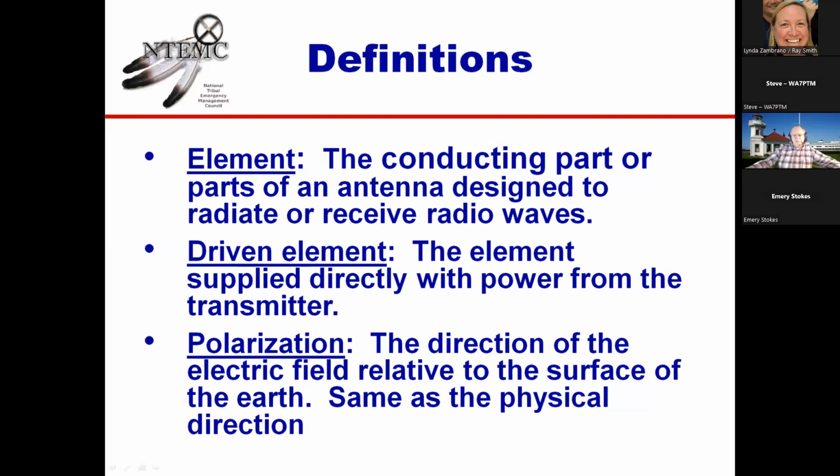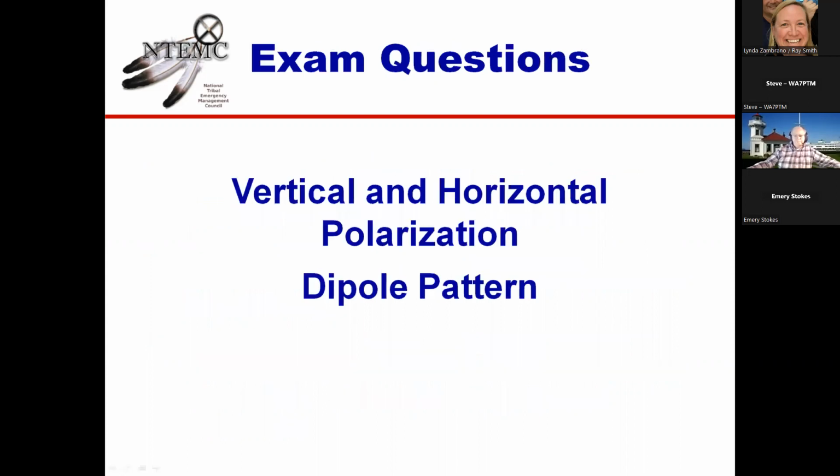The direction of that electric field relative to the surface of the Earth will be the same as the physical direction. So if you have a vertical antenna, you will have vertical polarization. If you have a horizontal antenna, you will have horizontal polarization. Or if you have an antenna on a funny angle, you'll have weird polarization. But that's what we're talking about when we talk about polarization.